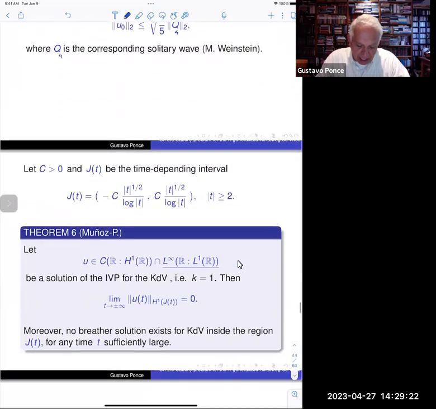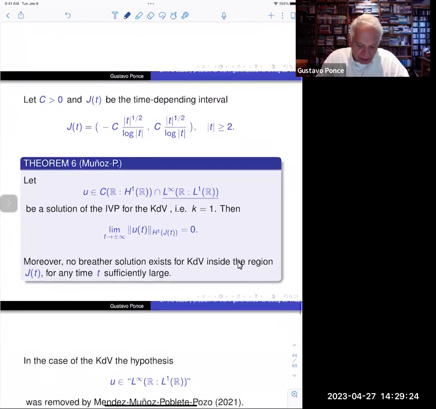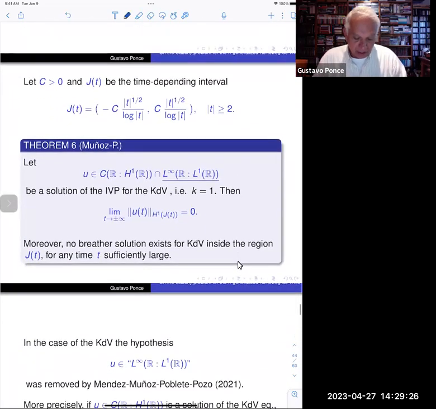Now, this was the original proof, after some modification, that Claudio sent me. He proved the following. Suppose that you have an interval of space that grows with time. It grows like t to the power 1/2 to the right and to the left, and has a log at the bottom.